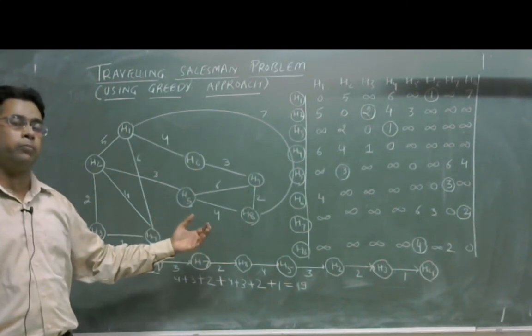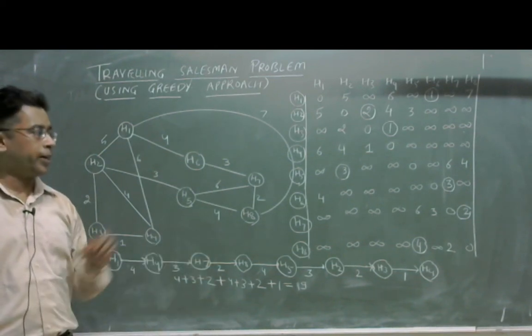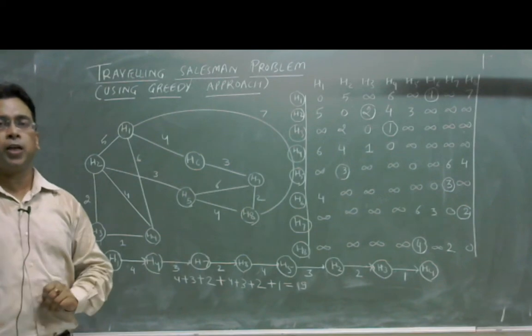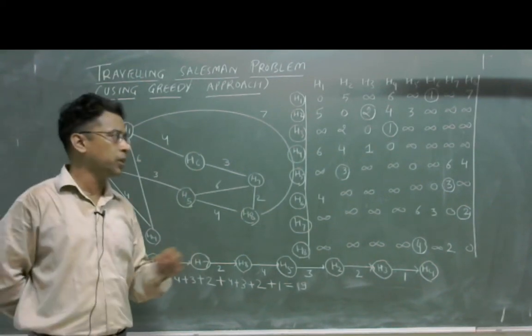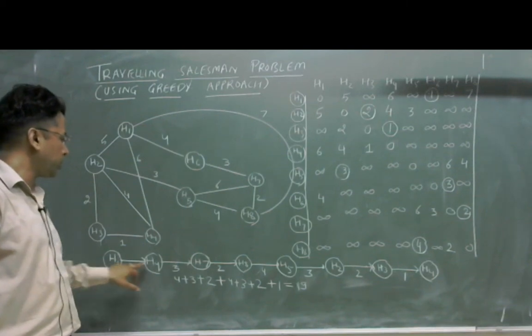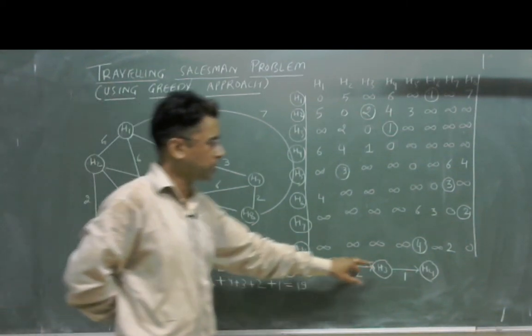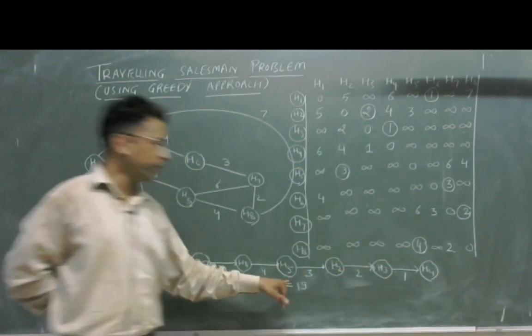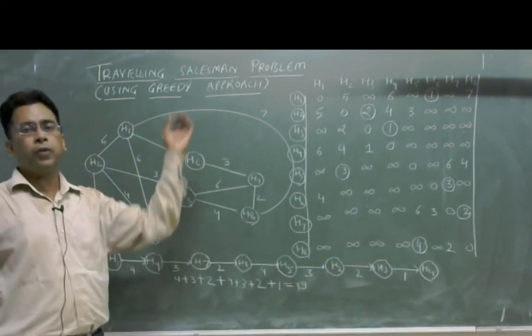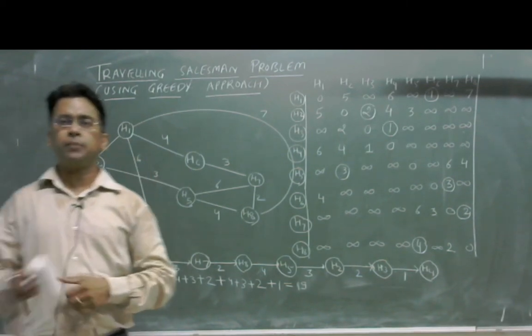So this problem may become very complicated, which we shall discuss later. But right now this is the simple approach in which we have got the solution: the sequence starting from the node H1, H4, H7, H8, H5, H2, H3 and H4, by traveling a distance of 19 units, we can solve this problem. So that's all about the TSP.